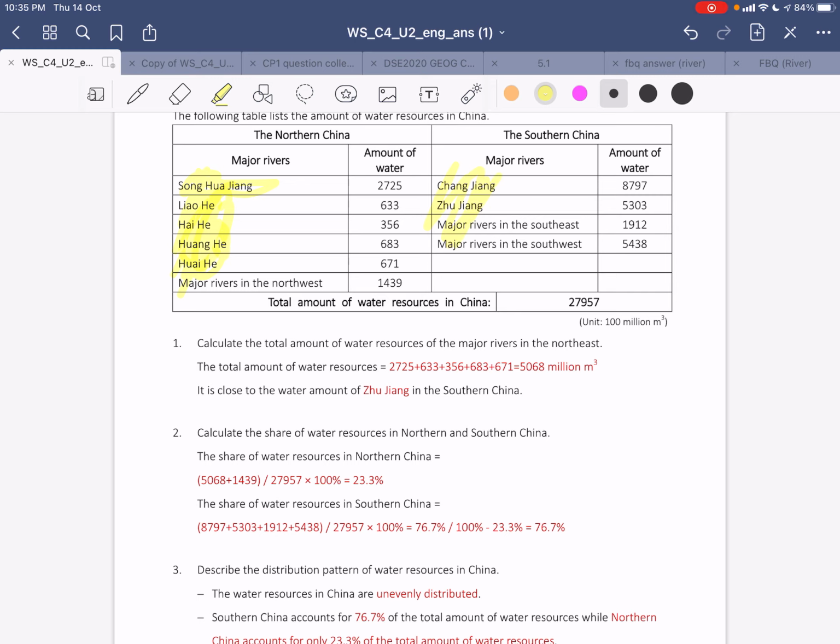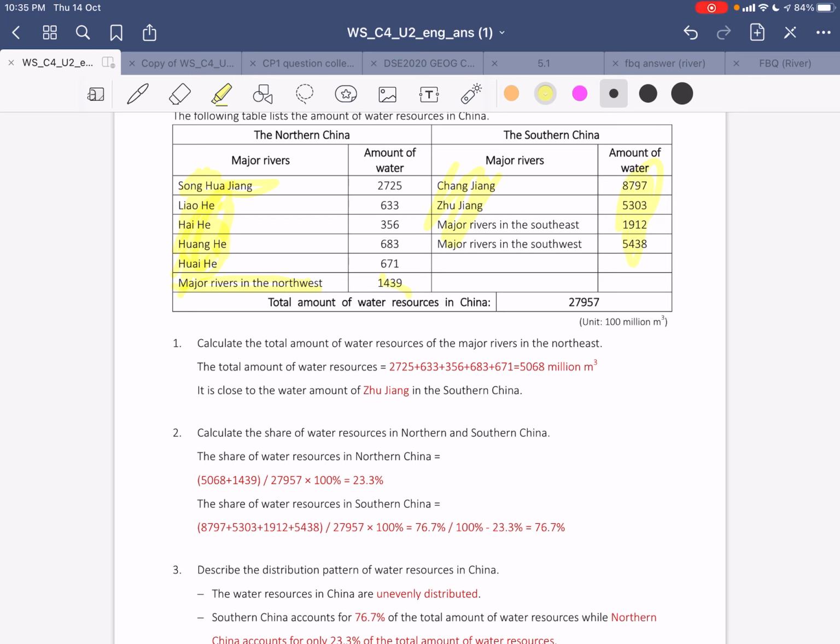For the Songhuajiang, Liaohe, Haihe, Huaihe, Huanghe, and also the major rivers in the northwest, they do not carry as much water as the rivers in southern China.